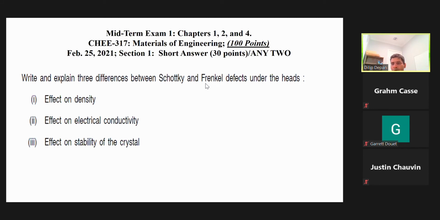That hole might be replaced by another ion from a different location, and wherever that ion came from, another hole will be created, right? So these holes and the ions will start migrating, and once they migrate, that is the conduction. So they both will be conducting. However, the Schottky will be more conducting.